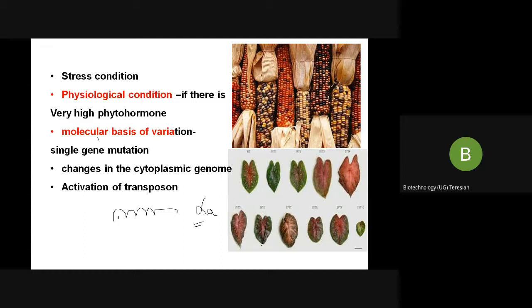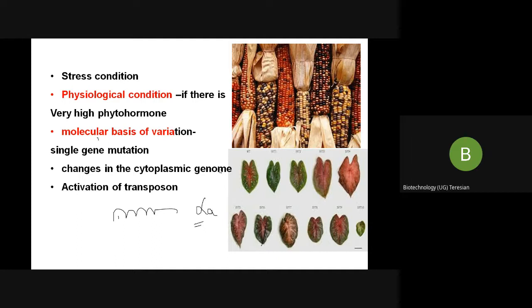So there can be cytoplasmic changes also. Okay, the changes in the cytoplasmic genome. Here it is written. See, cytoplasmic genome. Single gene mutation can occur. There can be cytoplasmic genome change. So why is the cytoplasmic genome change occurring? What exactly is the meaning of cytoplasmic genome?